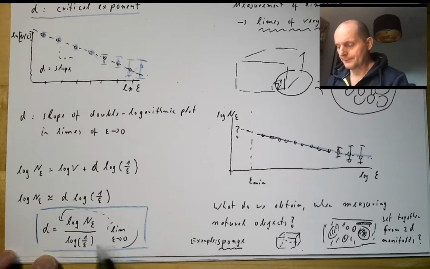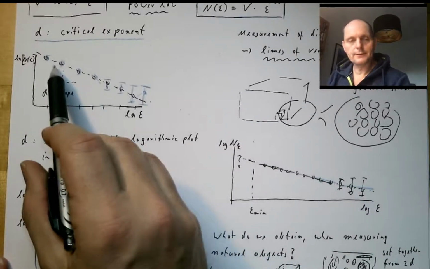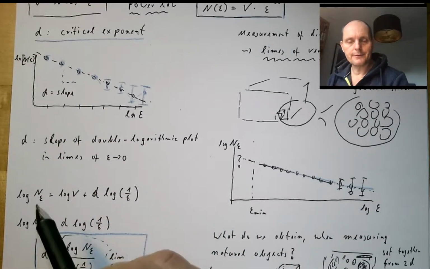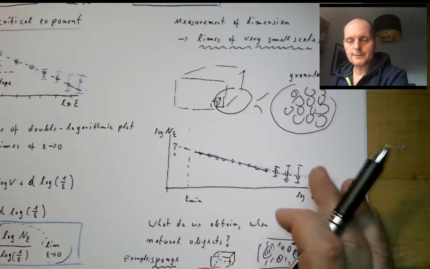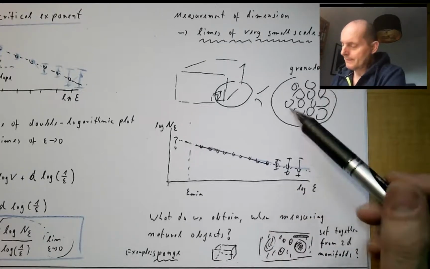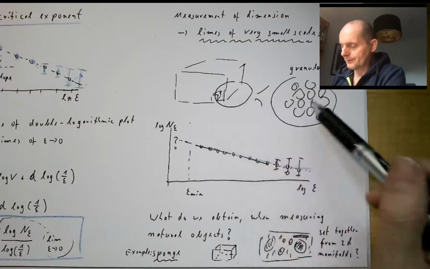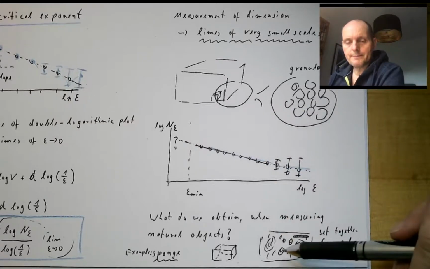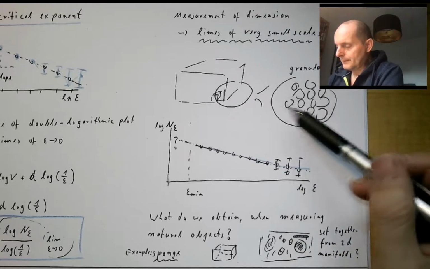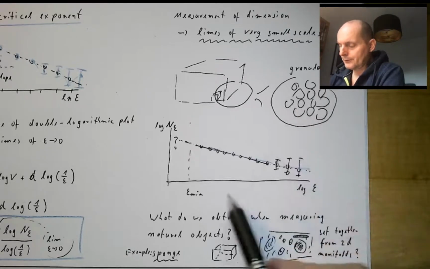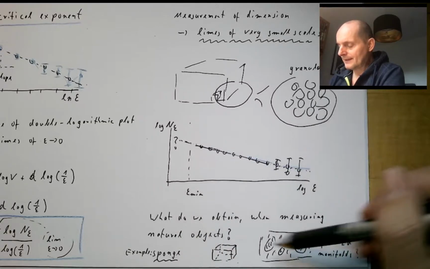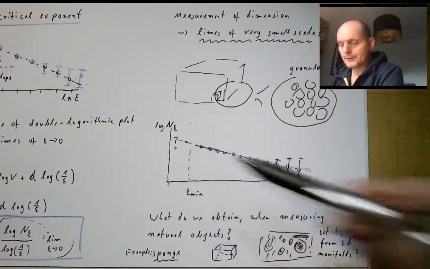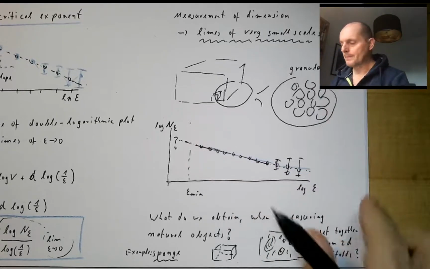But we need to go to the limit of small epsilons here, because the scales will never perfectly fit to the borders of our objects. But then we saw already that this concept, this limit going to infinity, has some problems, because natural objects at very small scales have some internal structure, and if we go to very small scales, this internal structure is revealed, and then it's not so clear what this measurement will lead us to.